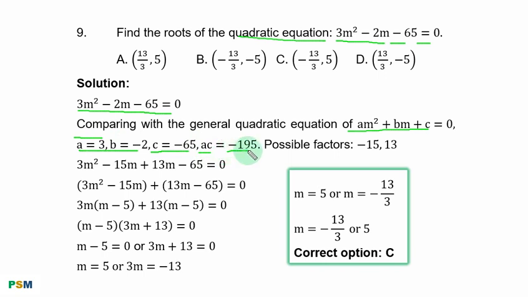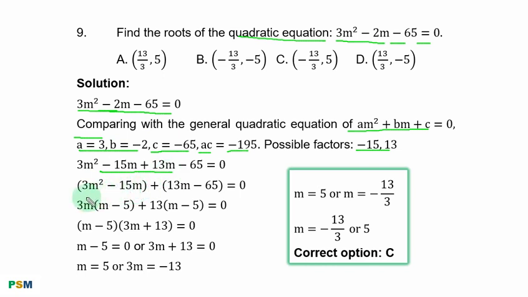Possible factors are minus 15 and 13. You express the factors in terms of m, the variable of interest, and you replace the middle term with them in this form. The purpose is to have 4 terms.